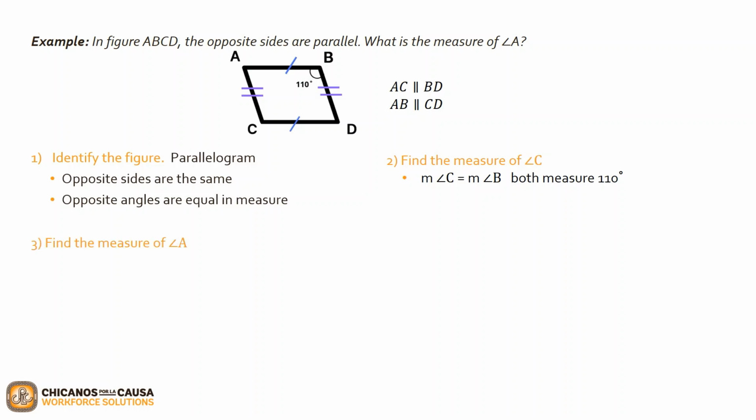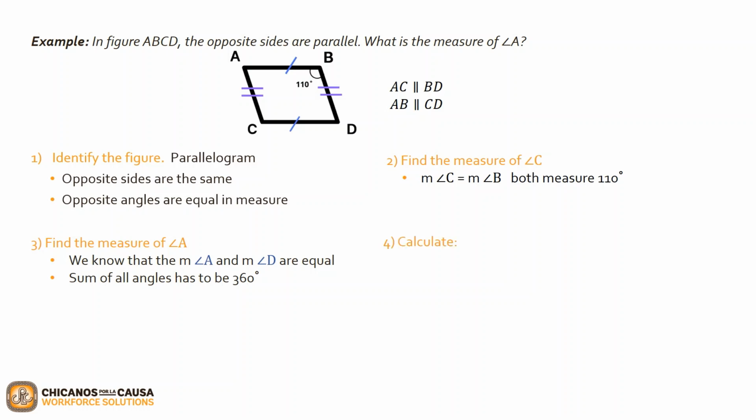For the next step, now we're going to find the measurement of angle A. So we know that the measurement of angle A and the measurement of angle D are equal. And we also know that the sum of all the angles has to be 360 degrees, correct?